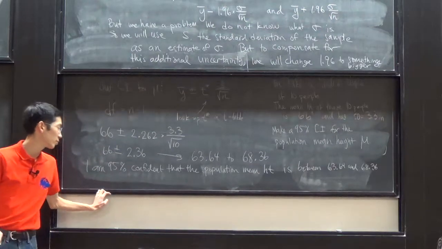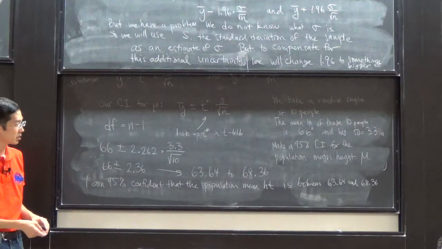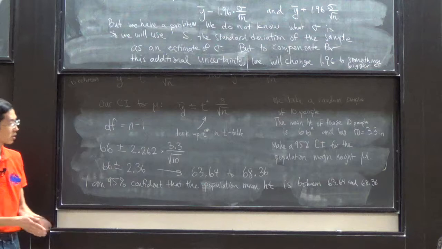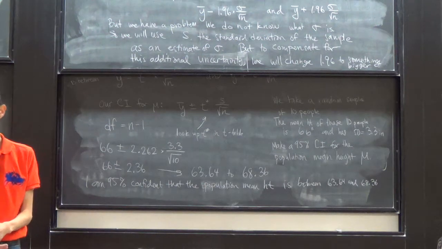Okay. So I'm 95% confident that the population mean height is between 63.64 and 68.36.